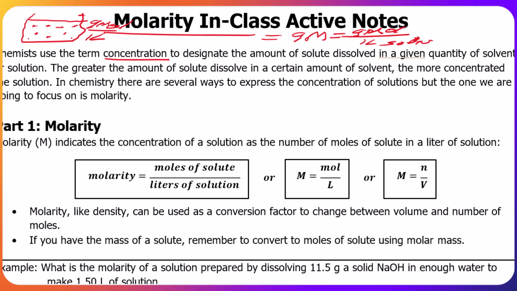Chemists use the term concentration to designate the amount of solute dissolved in a given quantity of solvent or solution. The greater the amount of solute dissolved in a certain amount of solvent, the more concentrated the solution. Guys, that's just like another derived unit you're familiar with, miles per hour.